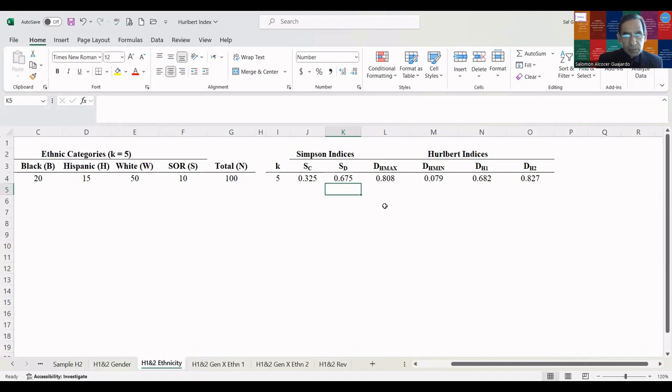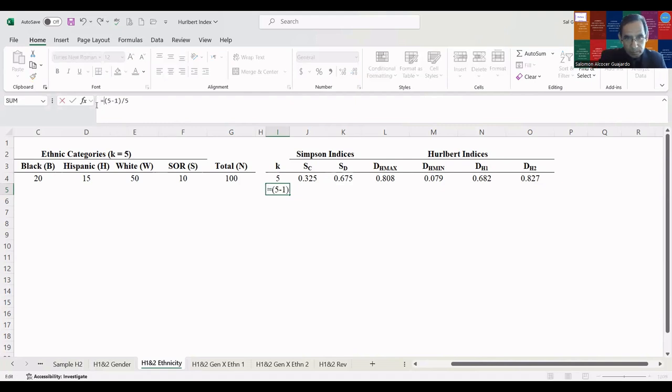In order to get the Simpson evenness score, just let me do that very quickly. To get the maximum score, it's going to be k minus 1, divided by k, and put equal.